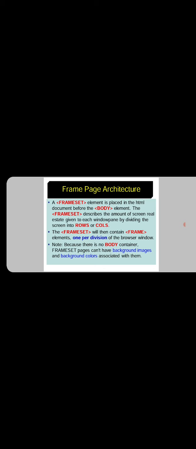What is a frame tag? The frame tag is nothing but the frame, or the web page to be loaded in a page. The page loaded in a frame is defined with the frame tag. The frameset will then contain frame elements, one per division.